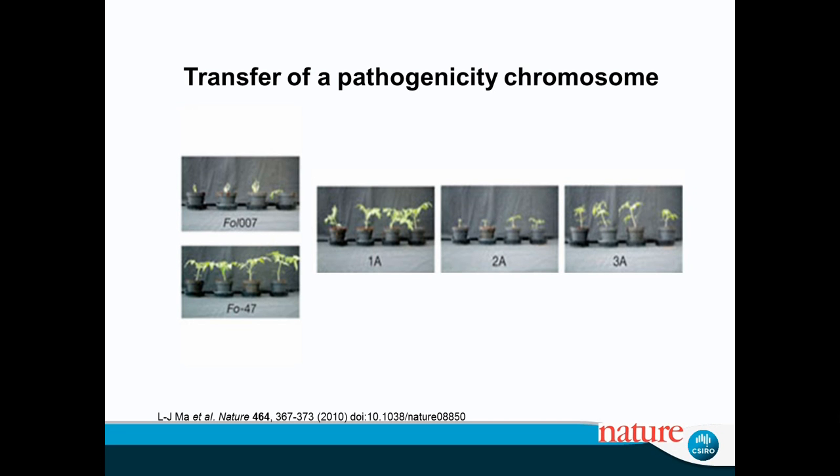There is another Fusarium oxysporum strain that is not pathogenic to tomato plants, and as you can see, plants are growing nicely. If you isolate chromosomal components from the first strain, mix them with the second, and use that to inoculate the plants, this strain actually can become pathogenic.